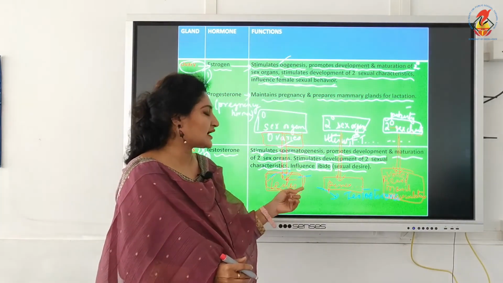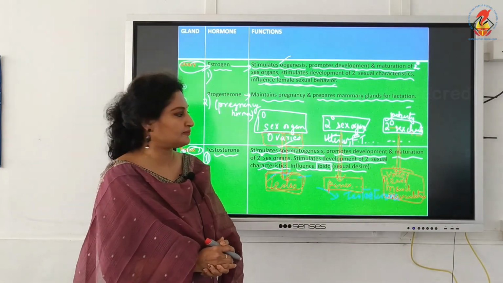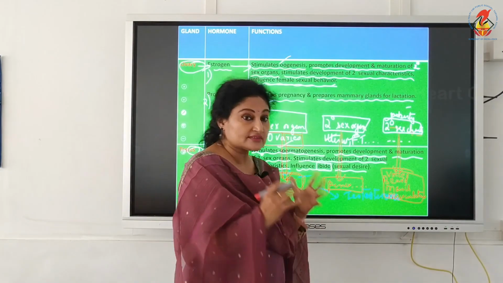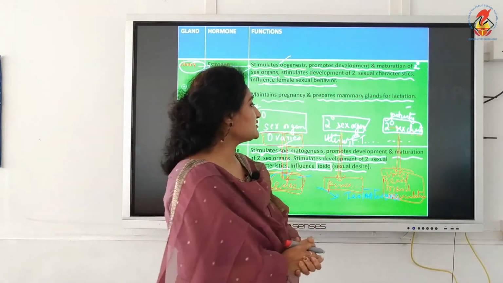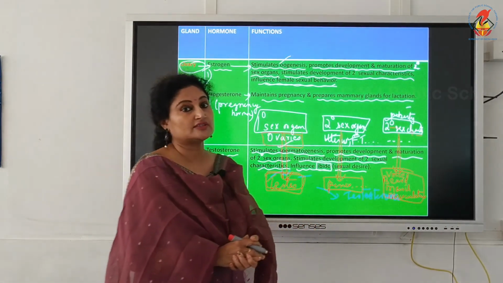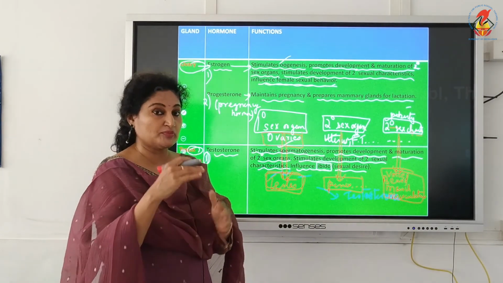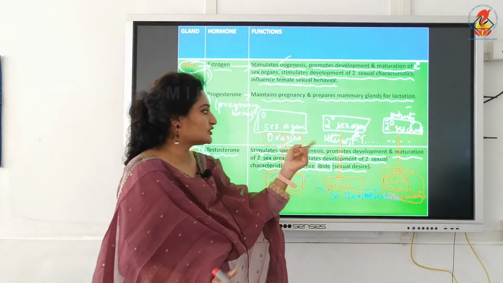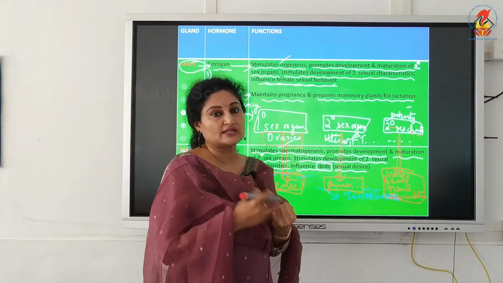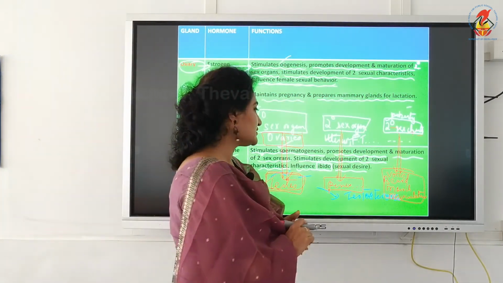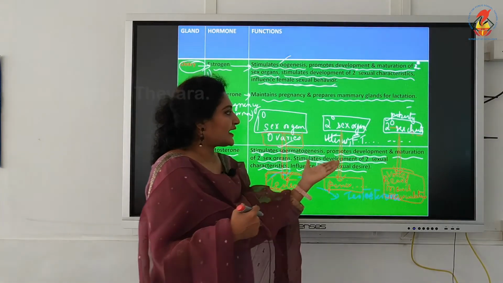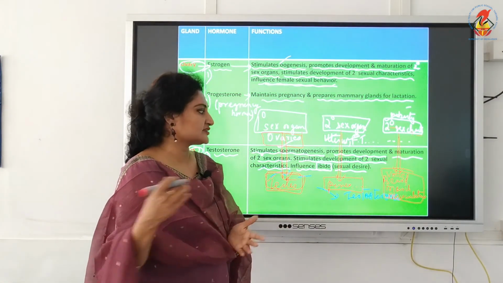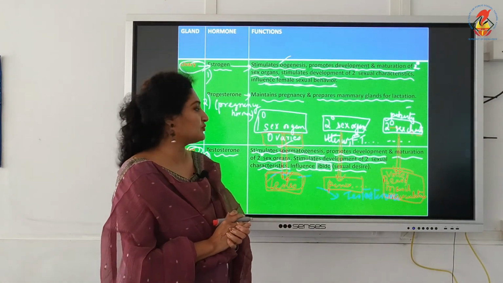In males, the other associated structure is the penis. Then about the characteristics, secondary sexual characteristics are the characteristics that develop only at the time of puberty. From puberty it develops, and by adulthood it's fully developed. So you can list out some secondary sexual characters in females and also some in males which are developed at the time of puberty.